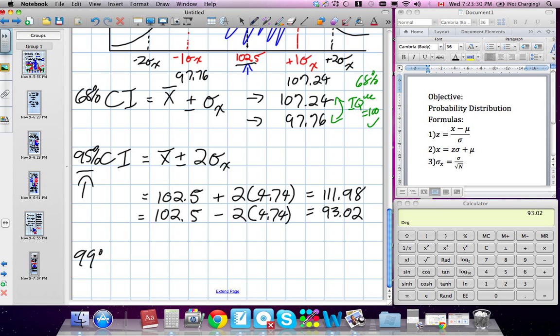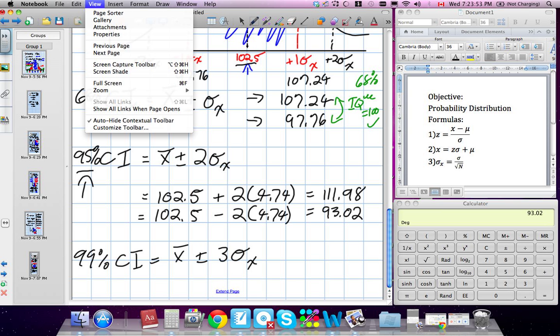We found our sample mean to be 102.5. We are 95% confident that the true mean of the population falls between 111.98 and 93.02. Again, we know the true mean to be 100, so the confidence interval worked.